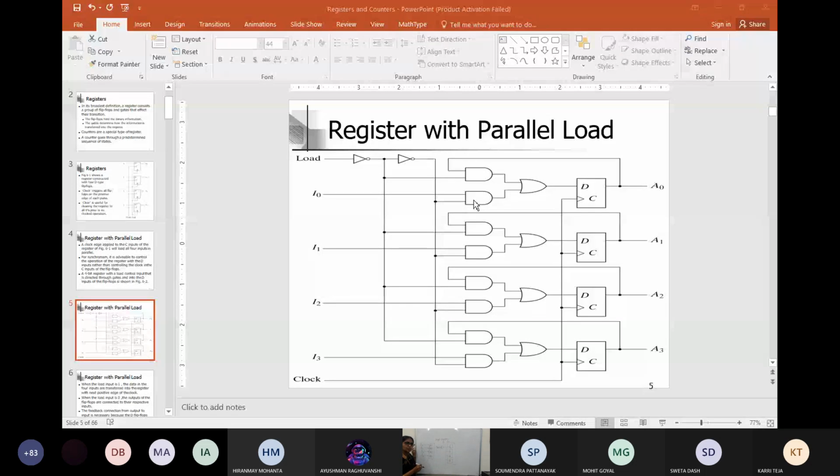Check out the circuit. Check the circuit and test. Second level, isn't it? Okay. Yes, second level. So that means the load has a particular authority to control the I0, isn't it?